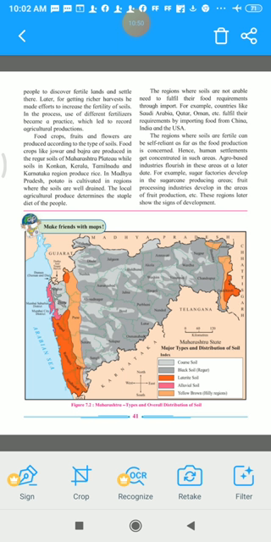Different fertilizers were used to increase the fertility of soil, which led to record agricultural production. There was so much increase in agricultural production that it started making records. This means man succeeded in making records in agricultural production.